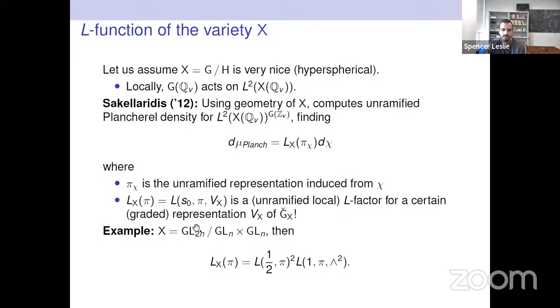And in this case, if I look at the variety that we're interested in, the local L factor is precisely the square of this central L, or this standard L function, and the value at 1 of this exterior square. And so this is a local computation. And so when taking the product over all places, it turns out that the distinction here will come to a pole. But in any case, this is precisely what we would hope to expect coming from their global results.